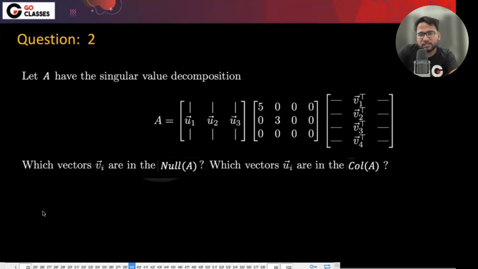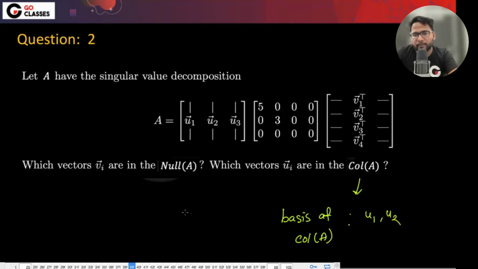So let's see. I think these are the two non-zero singular values, right? Since these are the non-zero singular values, you will say U1, U2 are in the column space. More specifically, they are bases for the column space. So a basis of the column space of A is U1, U2.